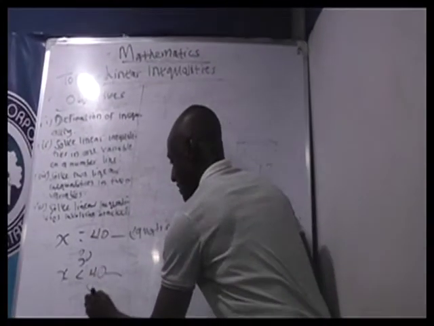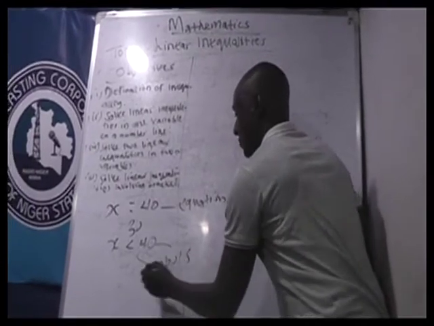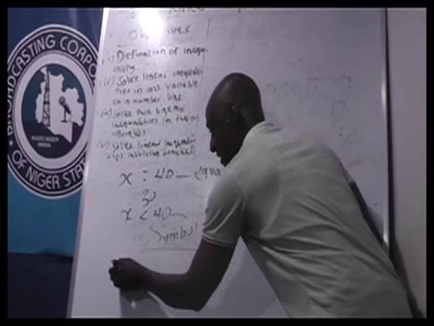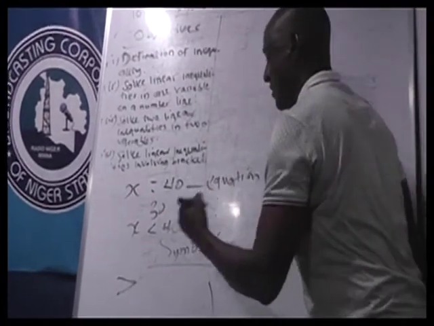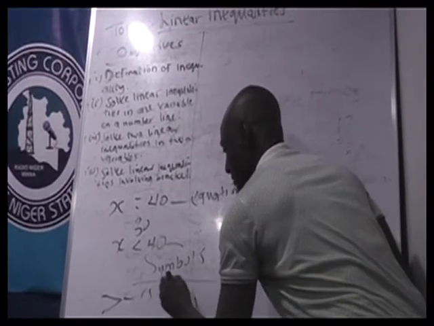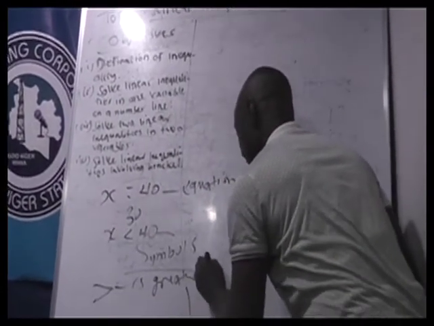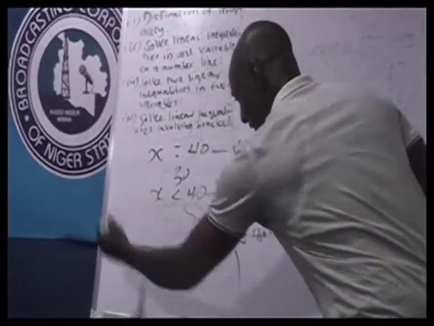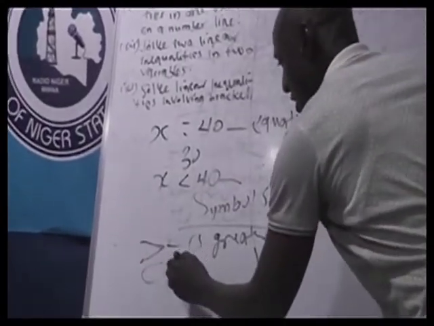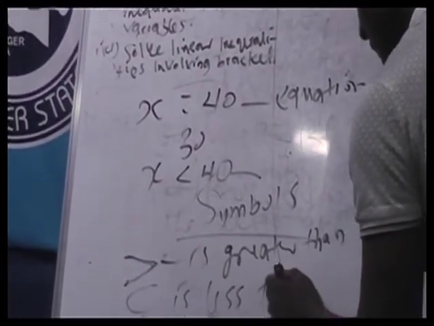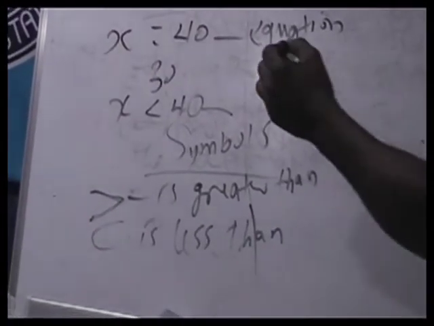The symbols are: 1. If we have something of this nature, just as if you are drawing a cap, the symbol is called is greater than. We have another one, as if you are reversing the cap, is called is less than. And we also have another one.